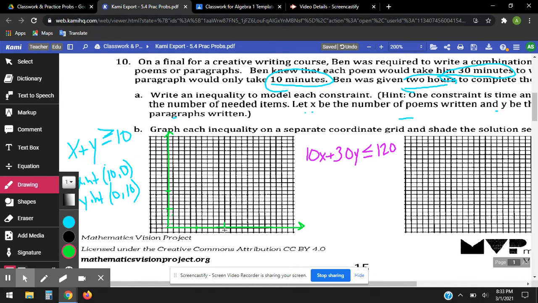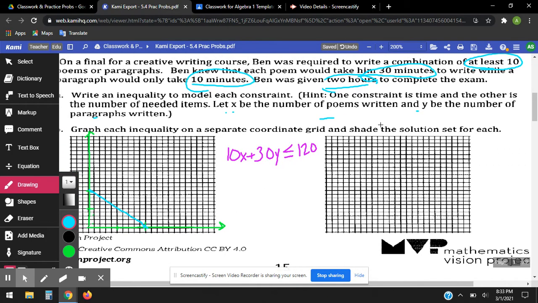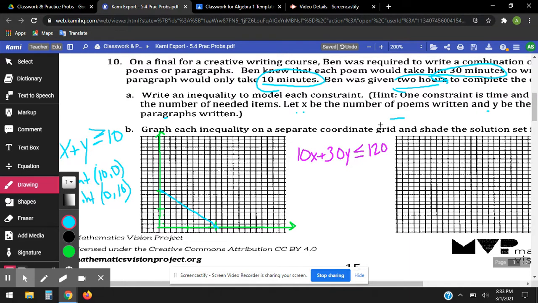So here's 10 on the x, and 1, 2, 3, 4, 5, 6, 7, 8, 9, 10 on the y. All right. So now I can go from 10 to 10 here, and it needs to be greater than that because I need a combination of at least 10. So he can have everything above this, up to and including that line. He just can't have anything below.